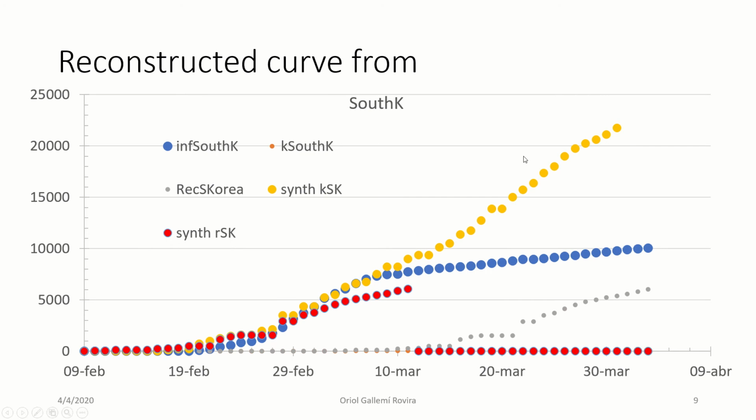In South Korea, however, the original curve was matching roughly, but then we appreciate the same gap as in Italy. The recovered and the infected do not match at all. And the fatalities against the infection curve, the declared infected population, do not match at all. This may be induced because there is a gap between both curves, as happened in Italy, and we have to investigate further what's going on with that.